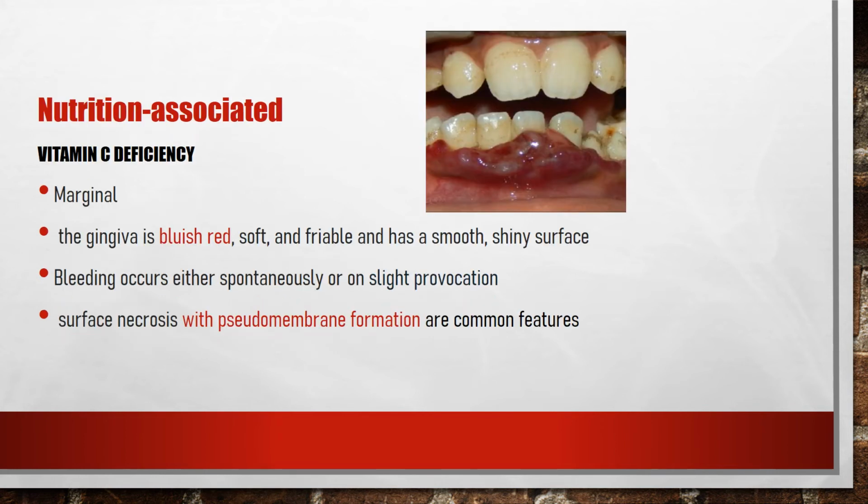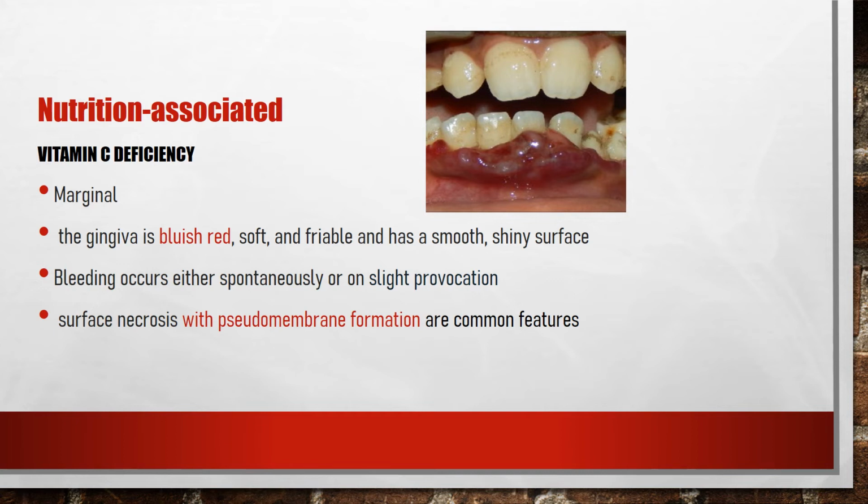Then comes nutrition associated gingival enlargement, that is mainly associated with vitamin C deficiency. Enlargement of the gingiva is generally included in classic descriptions of scurvy. It is mostly seen in the marginal region, and the gingiva appears bluish red, soft, friable and has a smooth shiny surface.